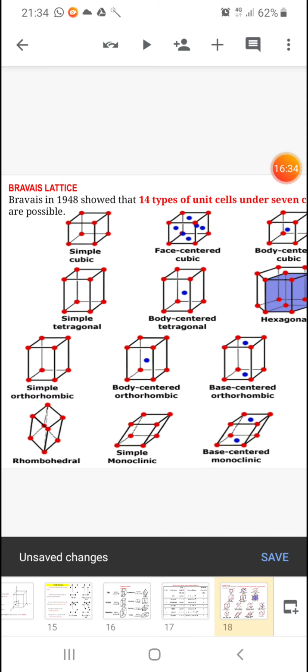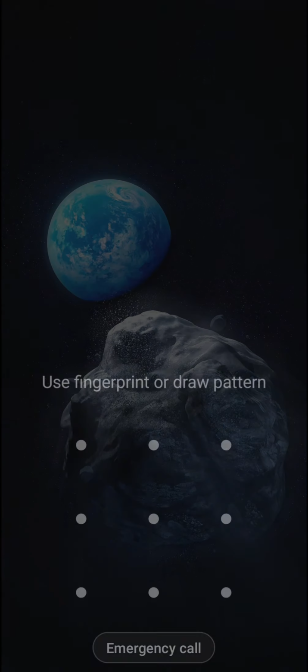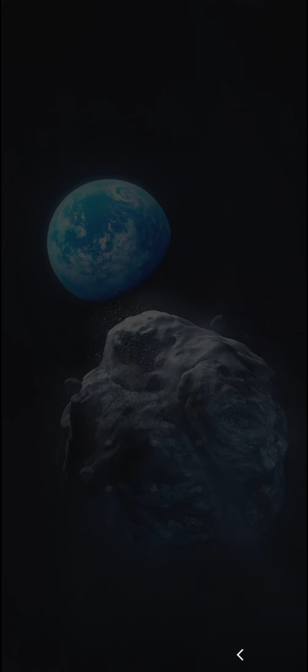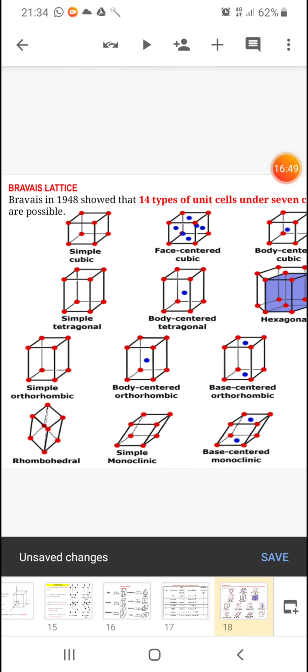Simple tetragonal: in simple tetragonal, a = b ≠ c and alpha = beta = gamma = 90 degree, and examples are bismuth, Sn, NiSO4. Second crystal structure in the tetragonal system is body centered tetragonal and example is TiO2.